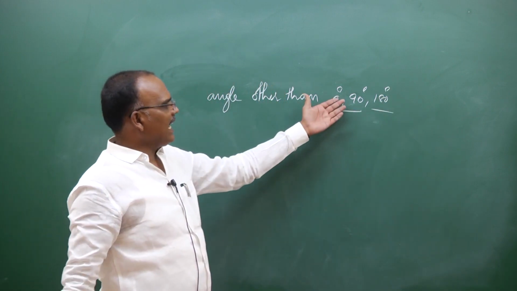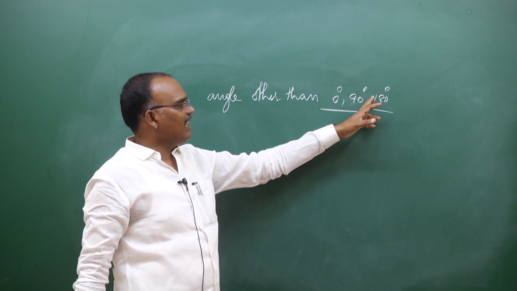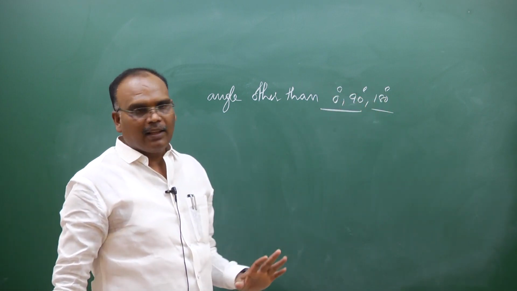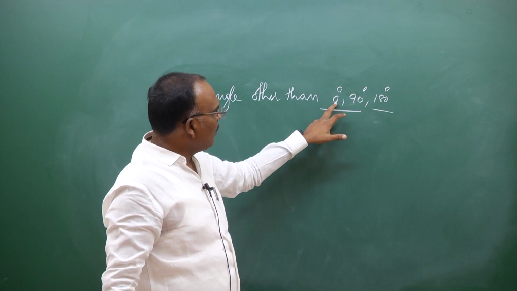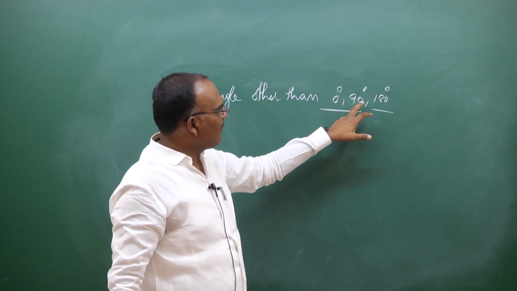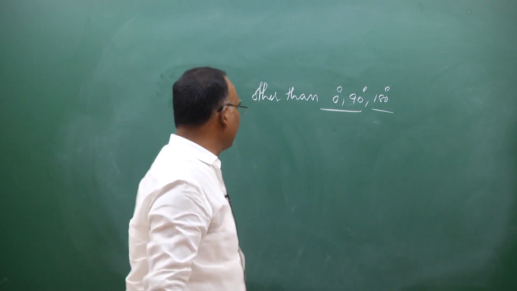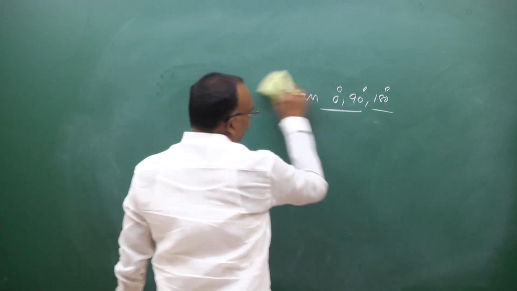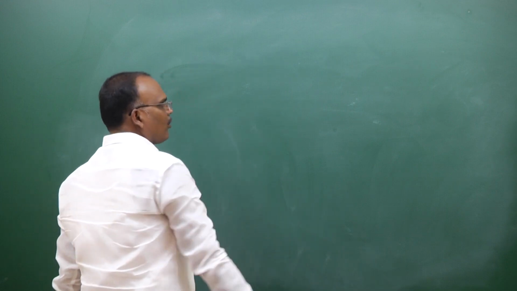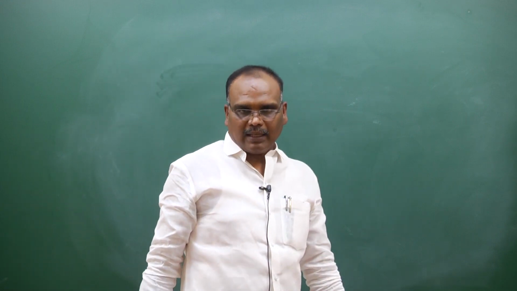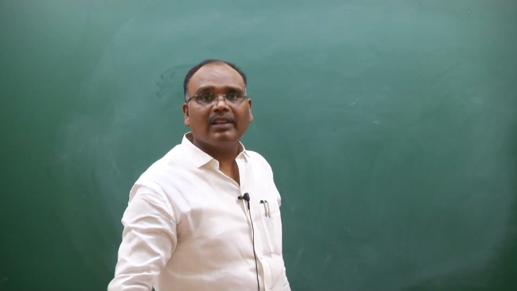Between, we have so many angles: 5 degree, 30 degree, 50 degree, 120 degree, like that. We are not going to throw with 0, not with 90, not with 180. We are going to throw with other angles. Then what is the direction of the magnetic force and which path the charged particle follows, that we will discuss now.